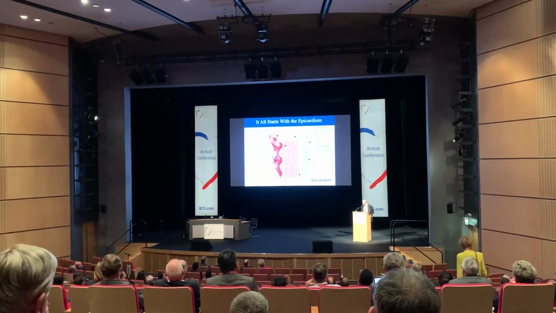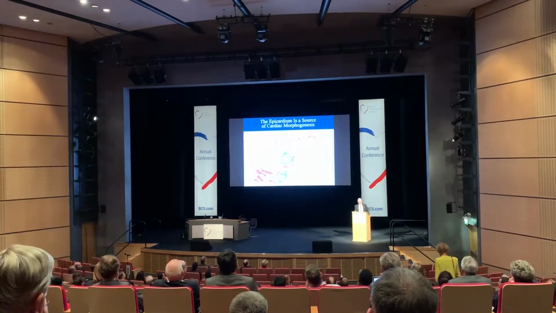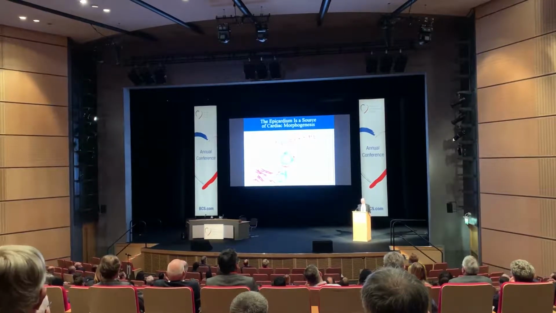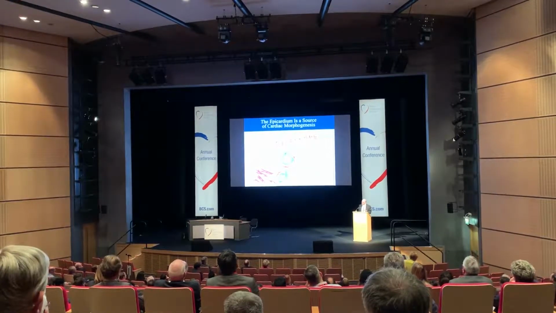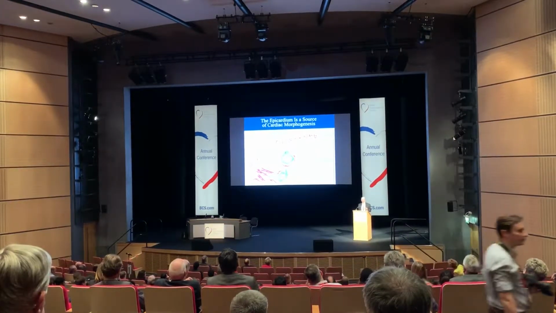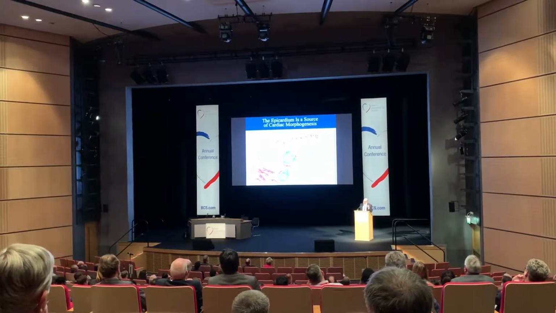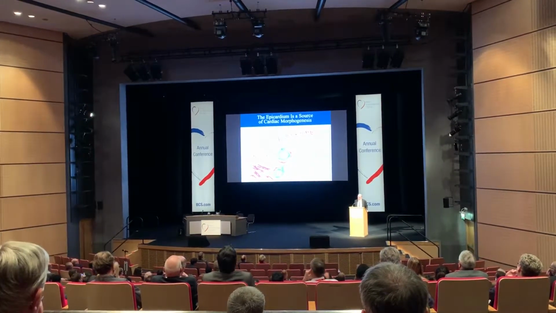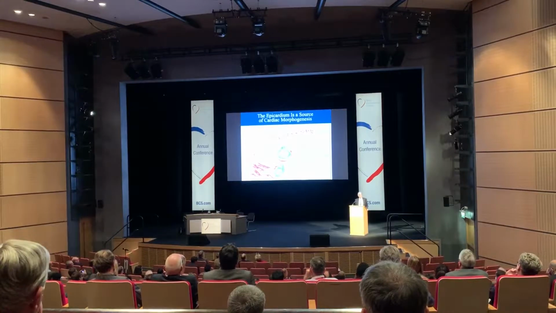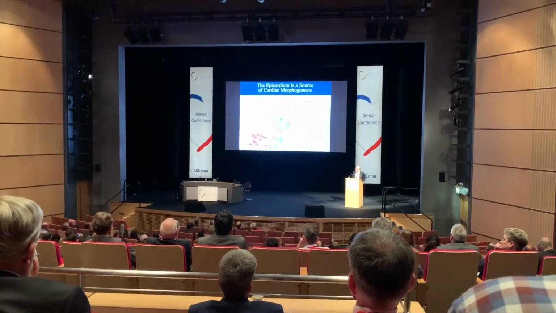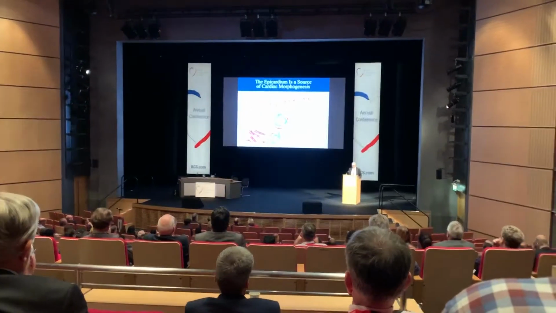The epicardium is a major source of cardiac morphogenesis. So much of the structures of our hearts are derived from cells that migrate from the epicardium during fetal development. The epicardium during fetal development is an extraordinarily active place.